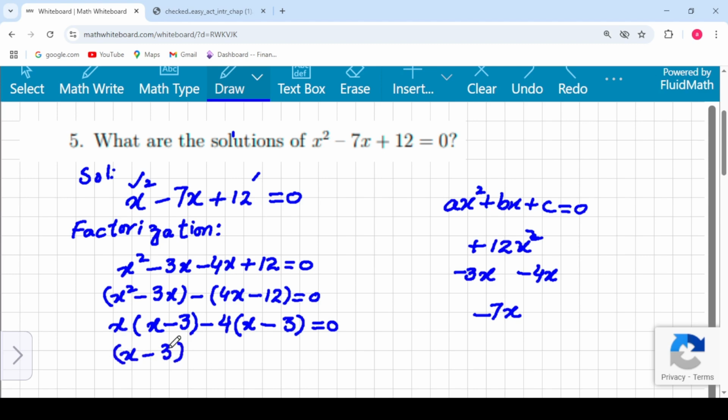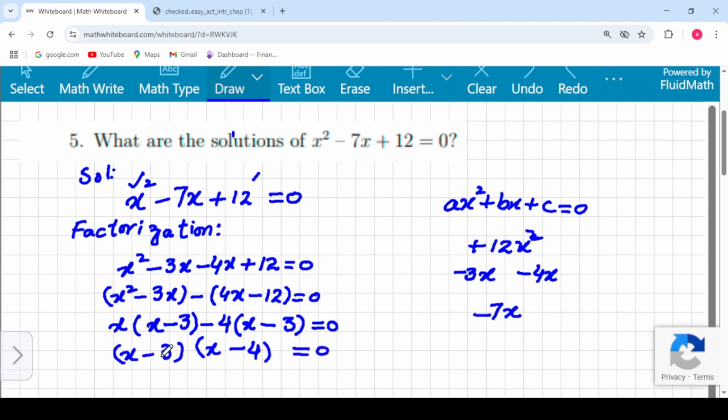So when we take x minus 3 common from these two, you can see that here it will be x, because x minus 3 is already taken common, minus here from this term you can see that 4 is remaining, so x minus 4 equal to 0.